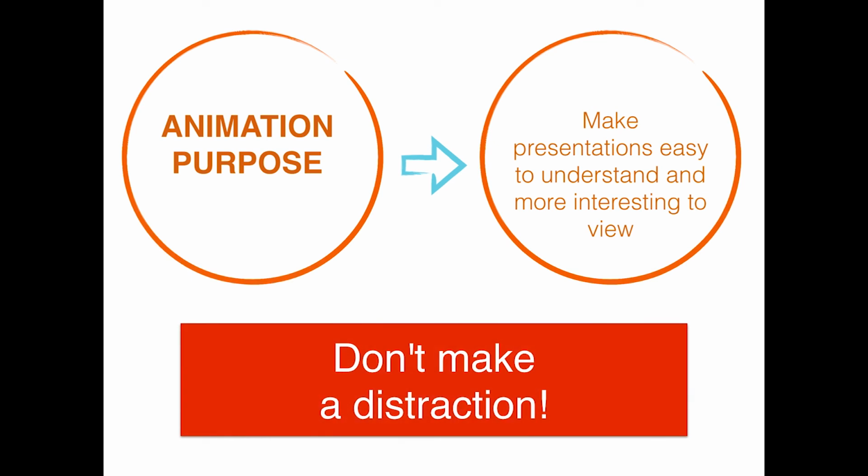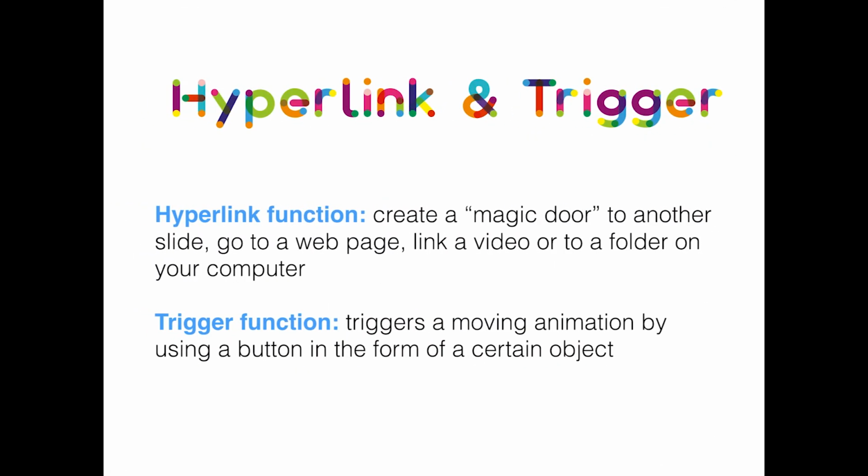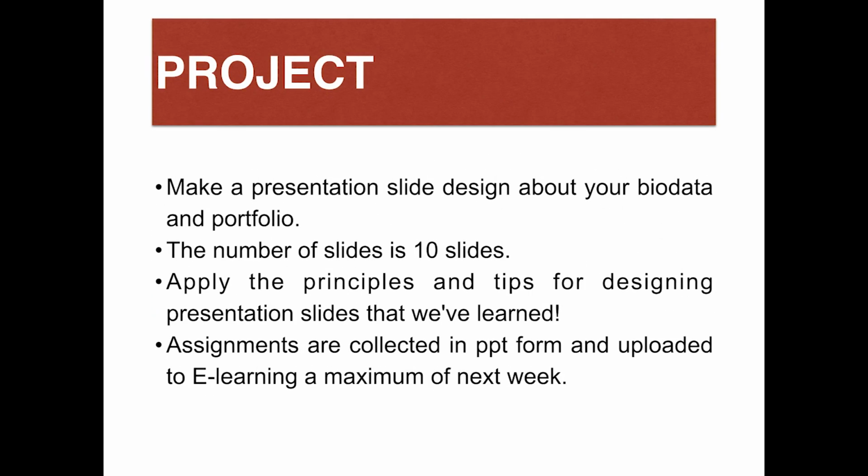But don't make a distraction with too much animation in your design. Hyperlink and trigger. The hyperlink function creates a magic door to another slide, goes to a web page, links a video, or opens a folder on your computer. And the trigger function triggers a moving animation by using a button in the form of a certain object.